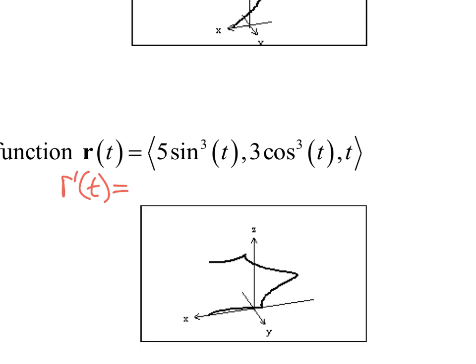All right, so this is going to be in derivative form, 15 sine cubed t times cosine of t. The inner function is sine of t, so the derivative of sine is cosine. Then 9 cosine squared t times the derivative of cosine, which is negative sine. So I'm going to tack on a negative in front of the 9 and multiply by sine.